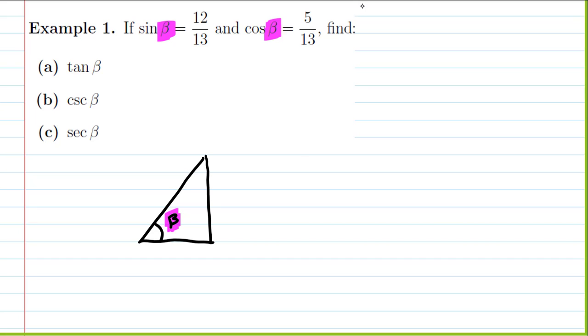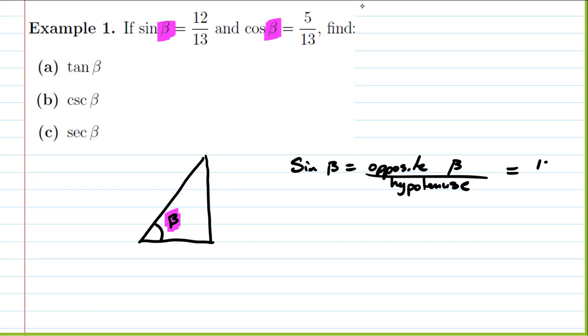And we know sine beta, sine by definition is the opposite of theta divided by the hypotenuse. And we also know that this is equal to 12 over 13.